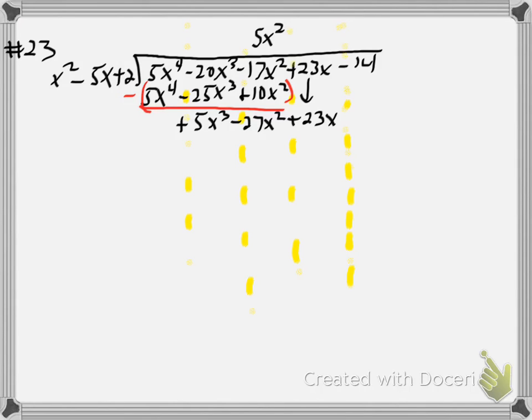So I need to ask myself, x squared times what gives me 5x cubed? And it looks like 5x. So I'm going to write 5x here.